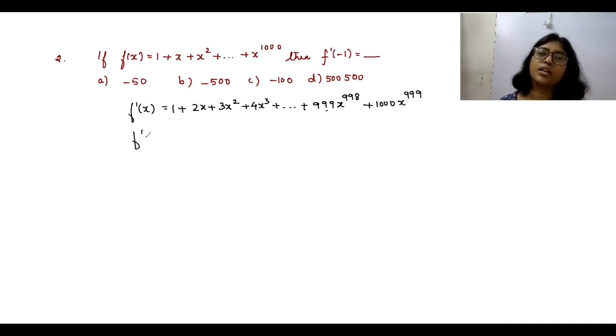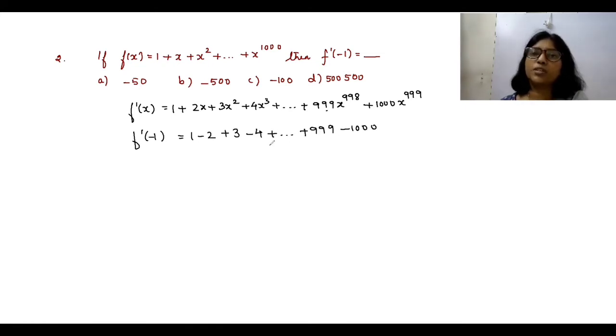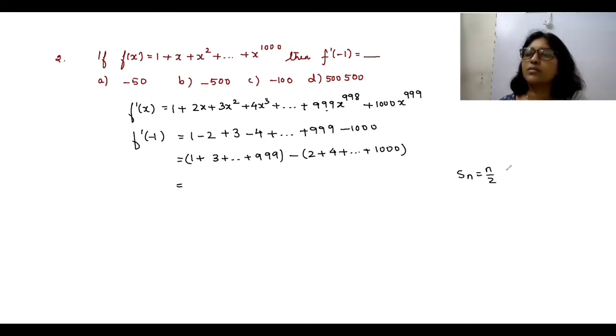So when we find f dash of minus 1, after derivative we have substituted minus 1, and we will put all the plus terms together, and the minus terms together. So this is an AP. We can use Sn. There were 1000 terms, so 500 have come in the first one and 500 in the second.